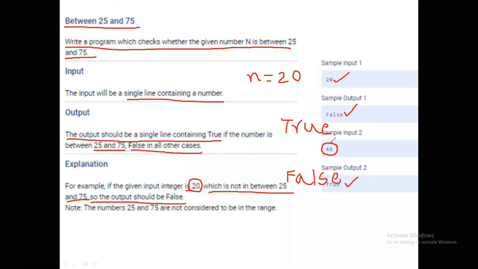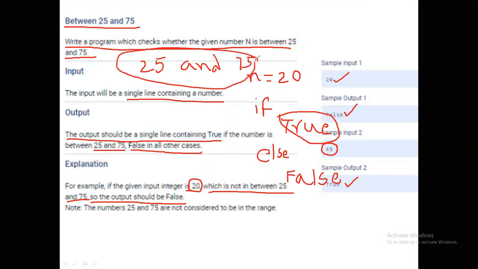Okay, very good. So here we are writing one if statement: if true, else false. So what is the condition for true? That specifies that the n is between 25 and 75. So how can we represent this instruction to the computer?